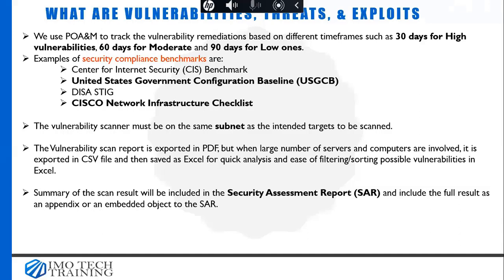Example of security compliance benchmarks. These are organizations that come out with things to look for. That's what we call a benchmark, right? Things to look for when you're doing a review. Center for Internet Security: when you go to their website, if you're dealing with, say, Server 2016, they'll give you the critical parts to look for.